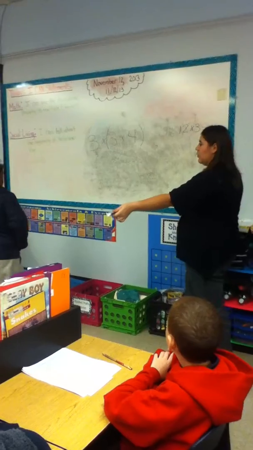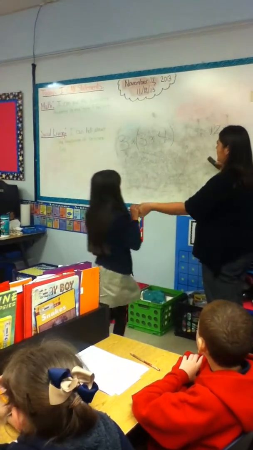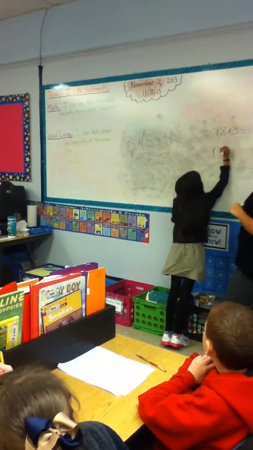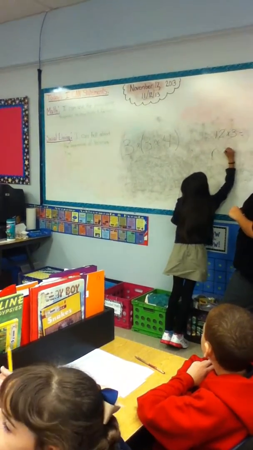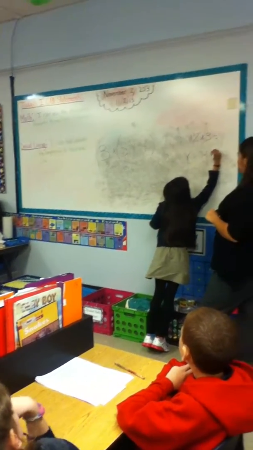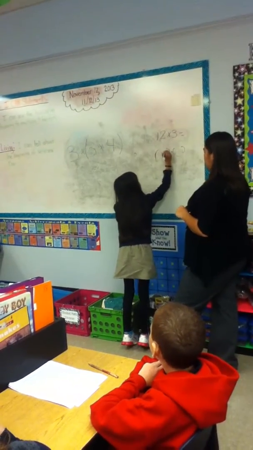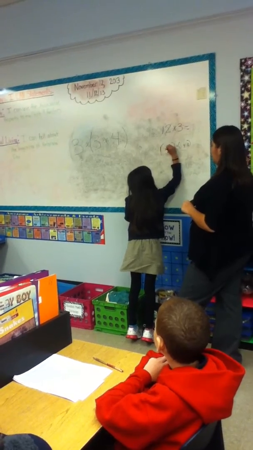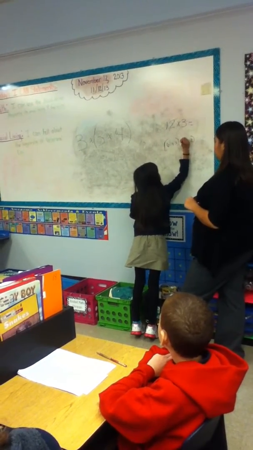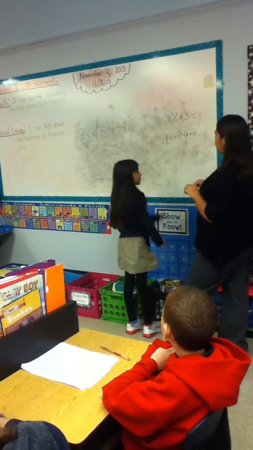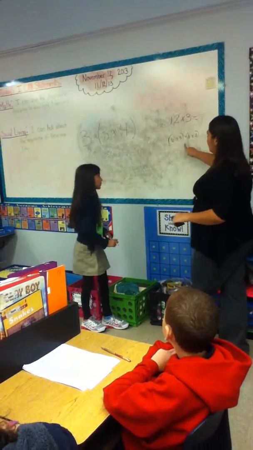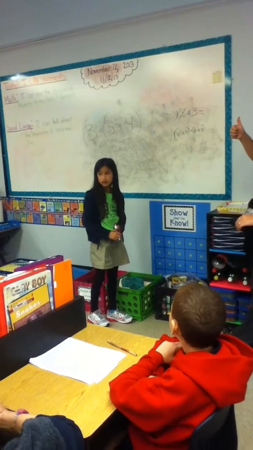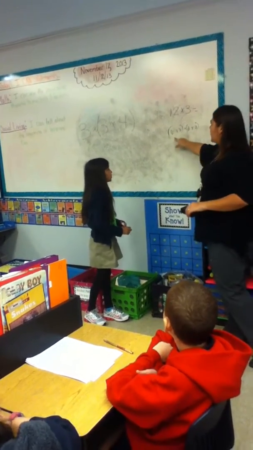Why don't you come up here and do this one for me? 12 times 3. Okay, so Isabella kept the 3, and then she broke the 12 to 6 and 6. Do you agree? Thumbs up. Beautiful. Okay, so what is 6 times 3?